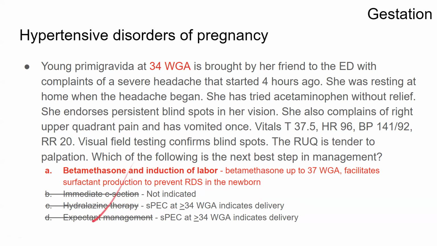Hydralazine, if mom has gestational hypertension or chronic hypertension, yeah, you could probably give hydralazine. But there's a better option here, being induction of labor, because severe preeclampsia at least 34 weeks of gestation indicates delivery.